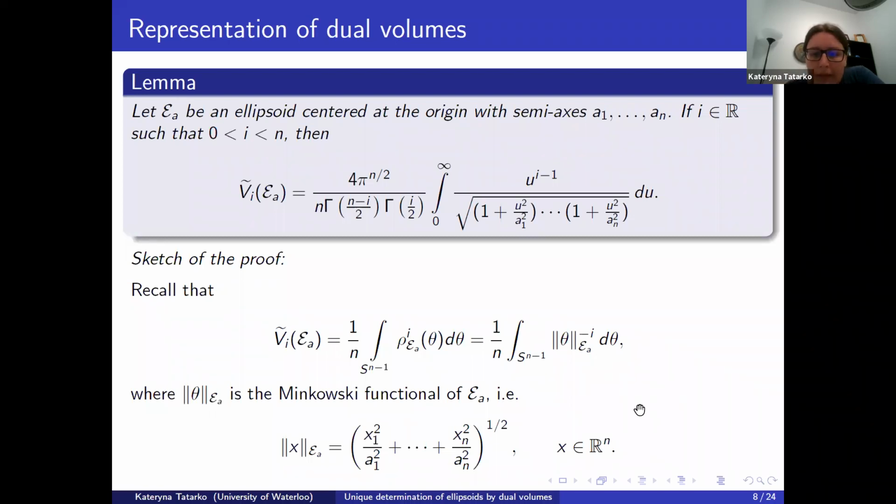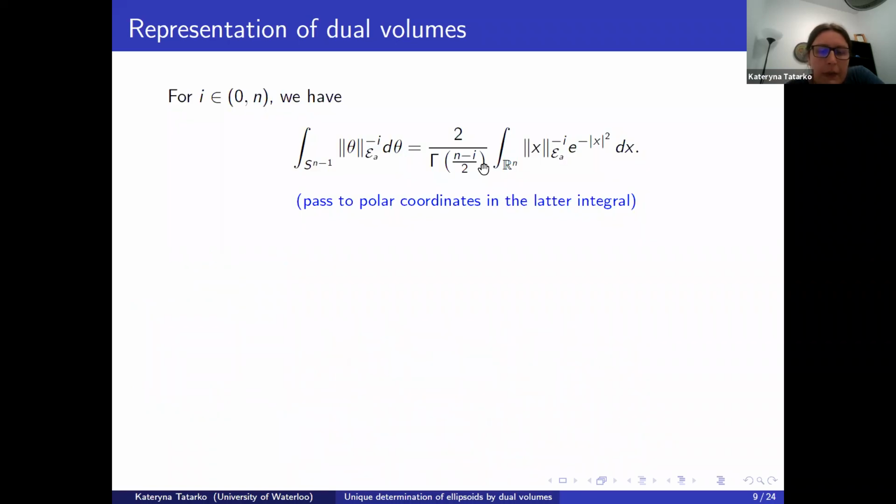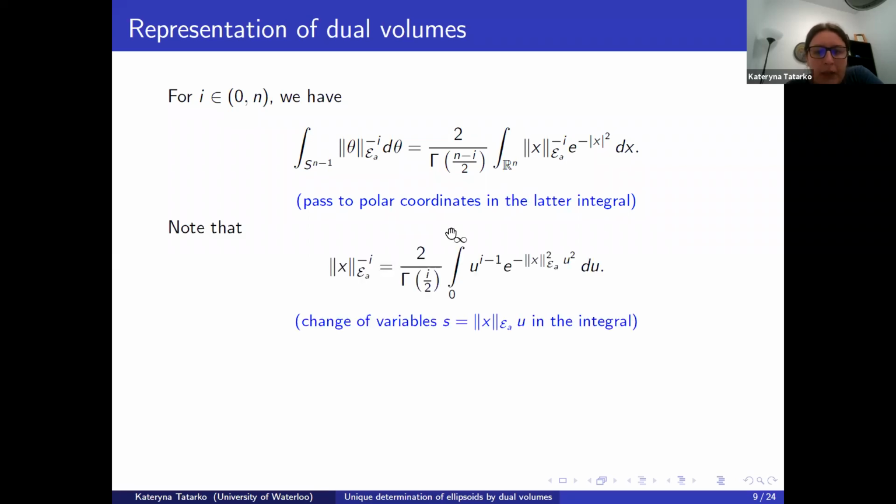So then we can work with this last integral. First, using polar coordinates, one can pass from this integral over the sphere to an integral over R^n. Once we do this, we also rewrite these negative powers of the Minkowski functional as the following integral over the non-negative real line. To check this relation, one can just use the following change of variables in this integral.